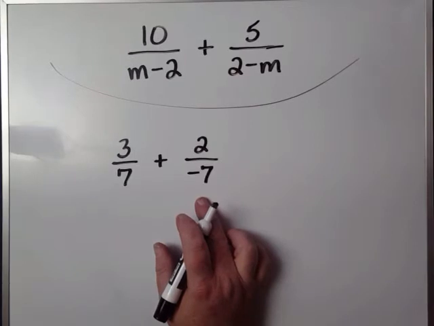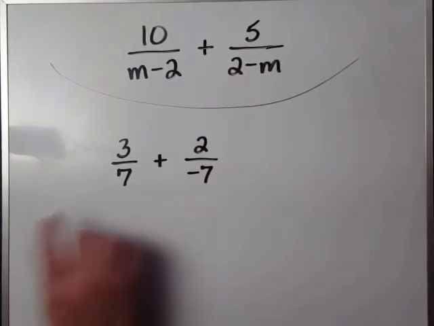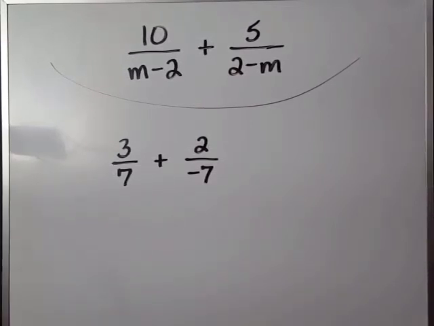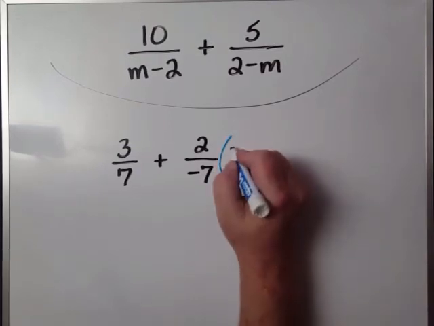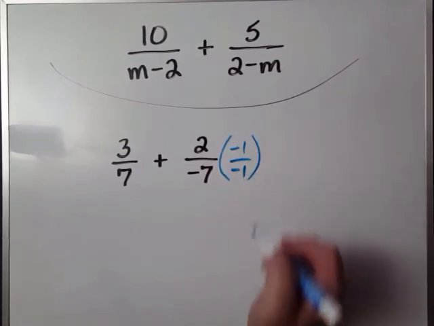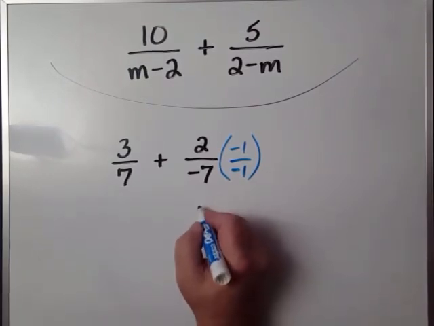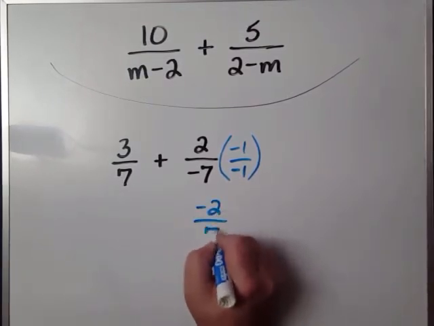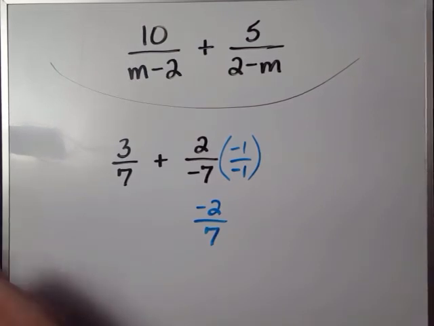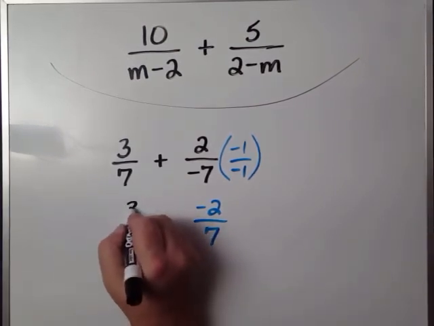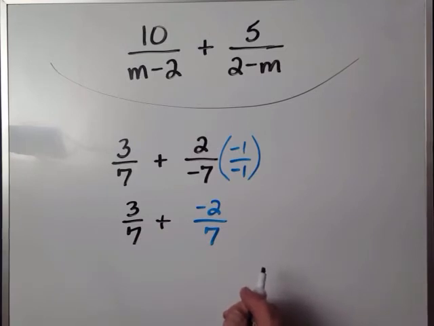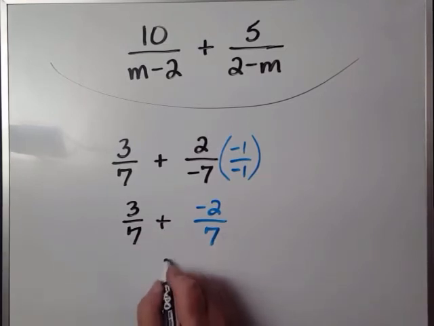How can I change one of these to match the other? Well, I could multiply the top and bottom by negative 1, couldn't I? And that would give me my next step, that would give me a negative 2 over a positive 7 to add to my 3/7. And that's going to total positive 1/7.